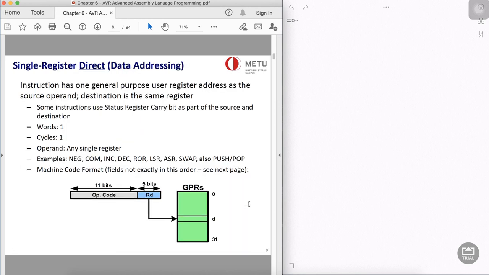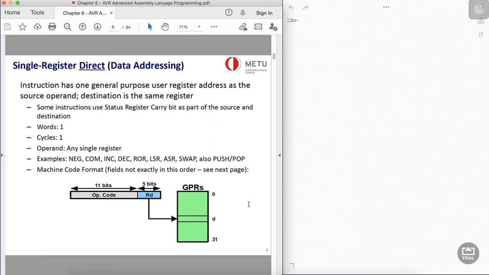The next that we are going to see is the single register direct. When you say single register direct, its instruction has one GPR address and nothing else. That's the source operand, and the destination is the same register. It's one word, one cycle, and the operand can be any single register.